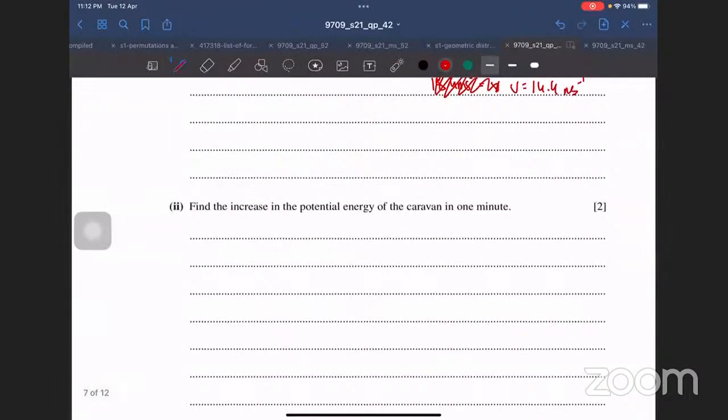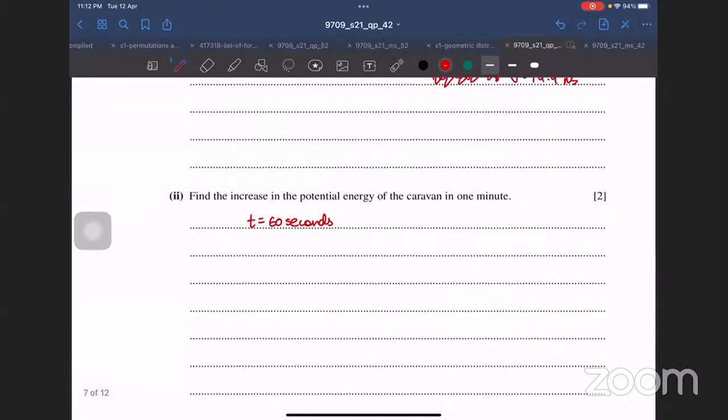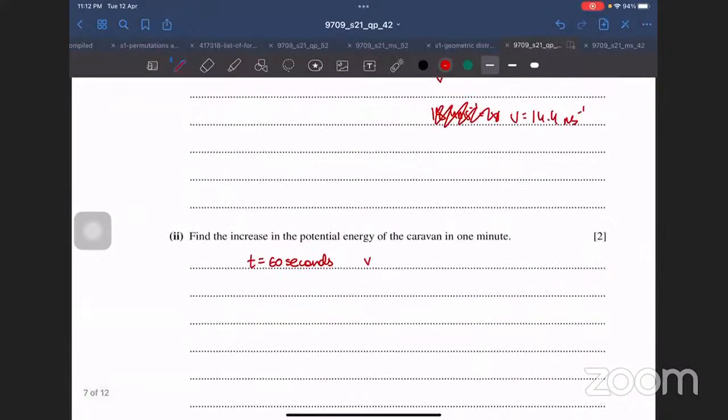It says find the increase in the potential energy of the caravan in 1 minute. So it's traveling for 1 minute, which is 60 seconds. It's traveling at a constant speed of 14.4. Then can I say that the distance covered is 14.4 into 60, which is 864 meters?